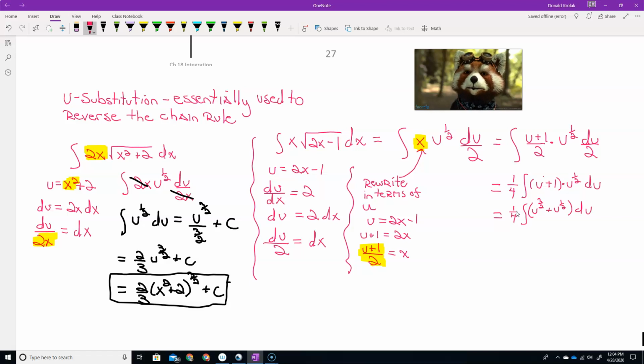Now I can do the integrals of those. So 1/4, add 1 to the exponent, so 2 over 2 makes that 5 over 2. Plus, add 1 to this exponent, that gives me 3 over 2.